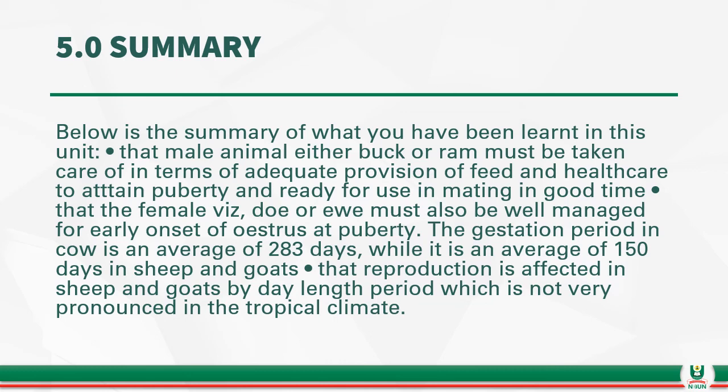The female doe or ewe must also be well managed for early onset of estrus at puberty. The gestation period in cows is an average of 283 days, while it is an average of 150 days in sheep and goats. Reproduction in sheep and goats is affected by day length, which is not very pronounced in the tropical climate.